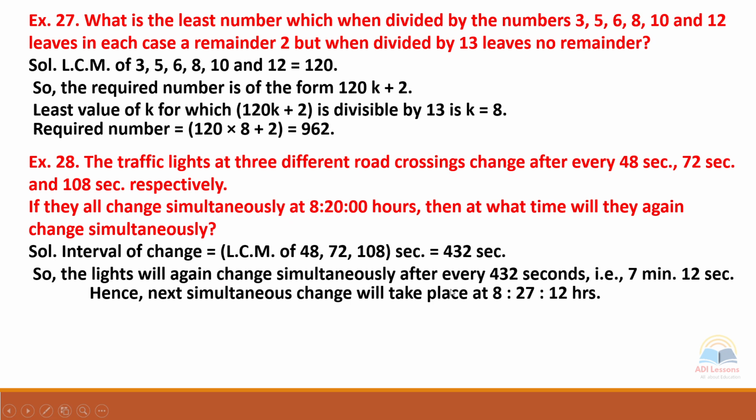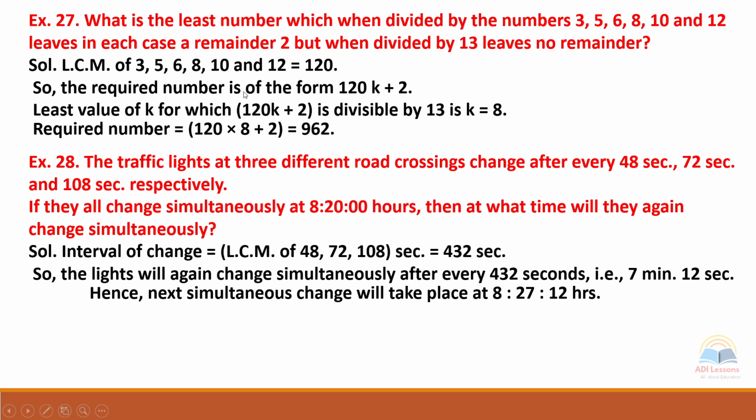What is the least number which when divided by the numbers 3, 5, 6, 8, 10 and 12 leaves in each case a remainder 2, but when divided by 13 leaves no remainder? LCM of 3, 5, 6, 8, 10 and 12 is 120.